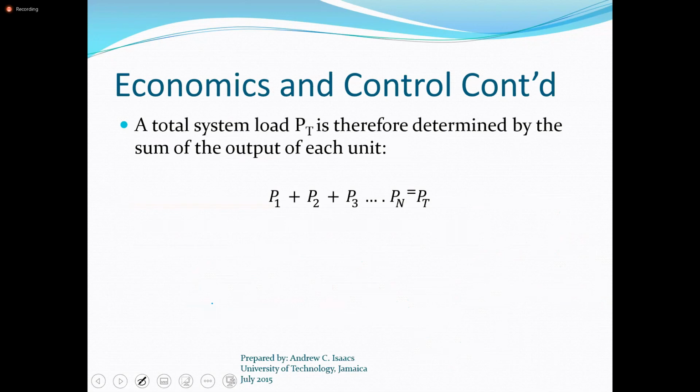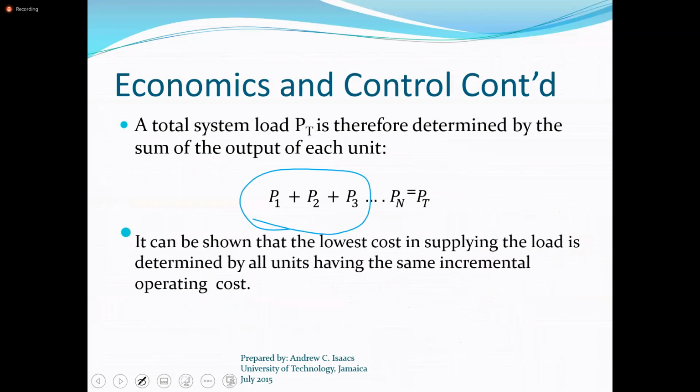So if we have a total system load, PT, then we know that P1 plus P2 up to PN would be equal to PT, where 1, 2 up to N would be each unit.